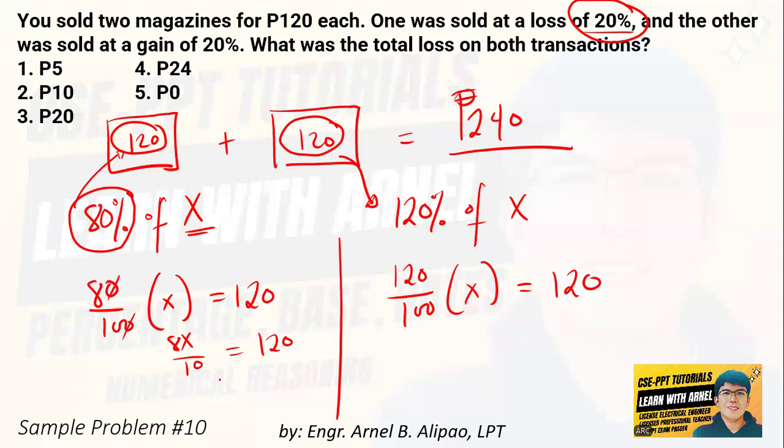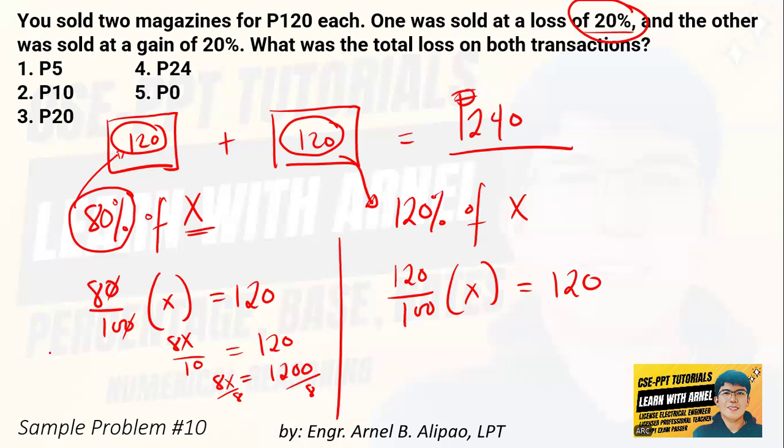Now we cross multiply. We have 8x is equal to 120 times 10, that is 1,200. Now we divide both sides by 8. So our x here is what? 150.